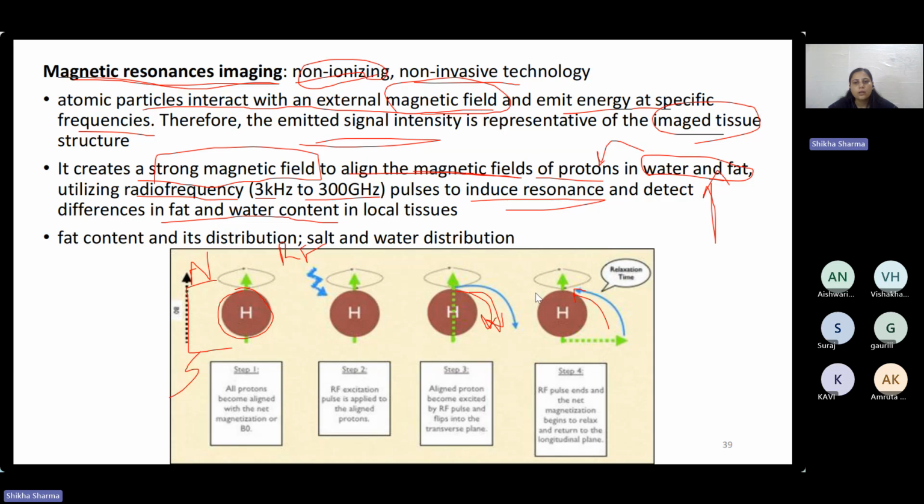When the radio frequency is no longer there, they come back to the original position. Based on that, we can find the fat and water content in the food product, and also the salt and water distribution, and we can form an image of the food product.